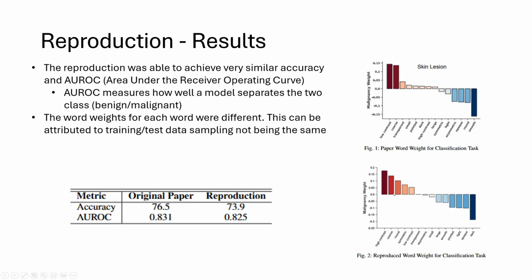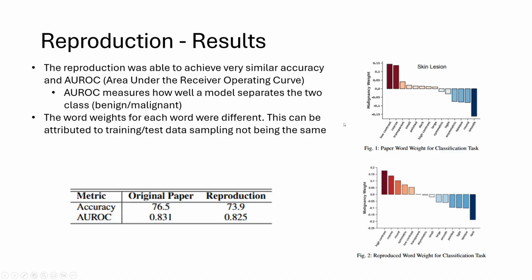You can see that my reproduction had similar weights in regards of if a word had a positive weight, mine also had a positive weight, but if it had a negative weight, mine also had a negative weight. However, there were differences, like with high contrast. The weight given to high contrast is much higher than what the original paper gave to high contrast.